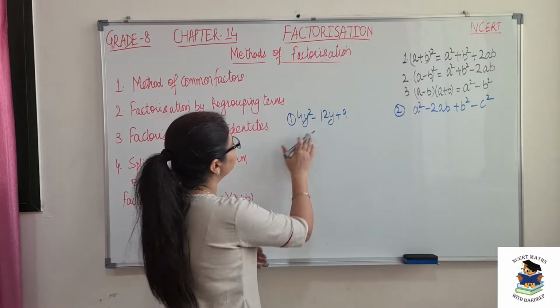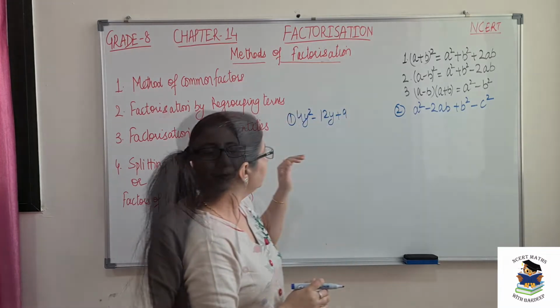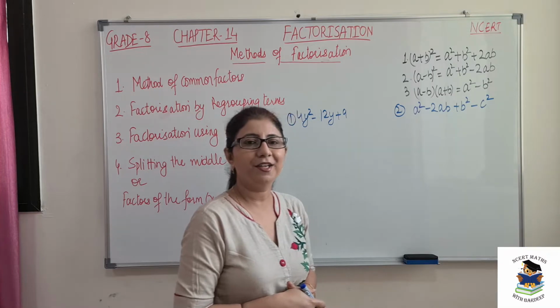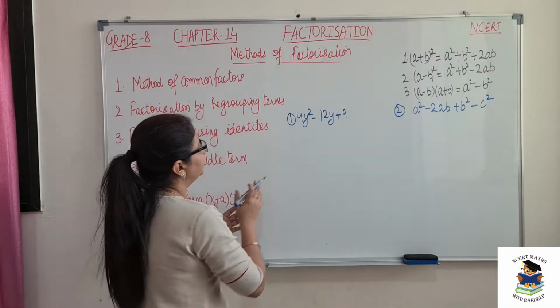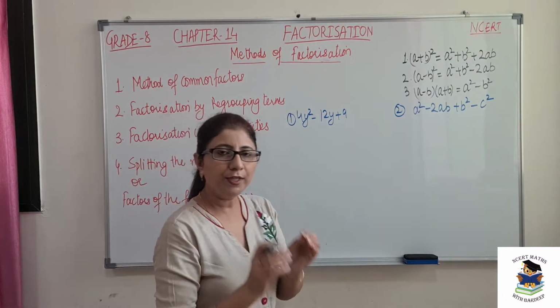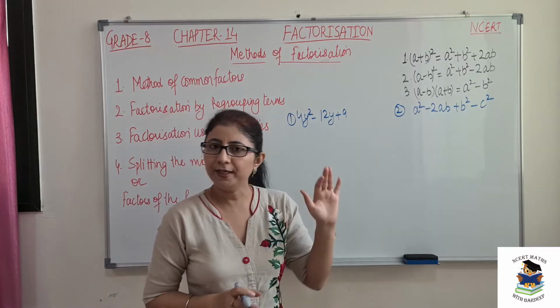That is, one is 4y square minus 12y plus 9. This topic is already covered in algebraic expressions and identities also. So let's do it here again. Out of these 3 terms, we will see which 2 terms are perfect squares.